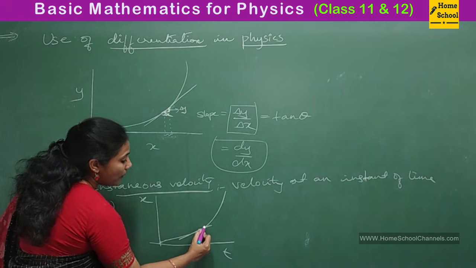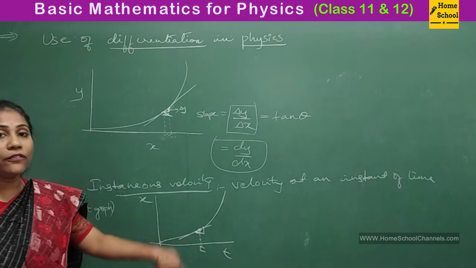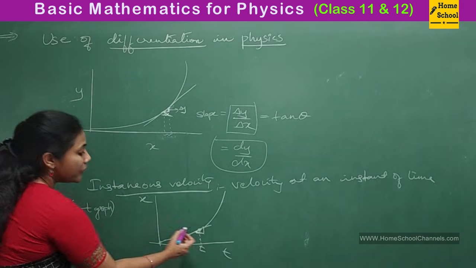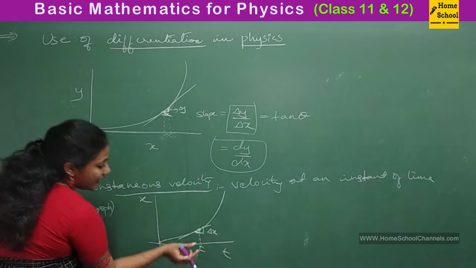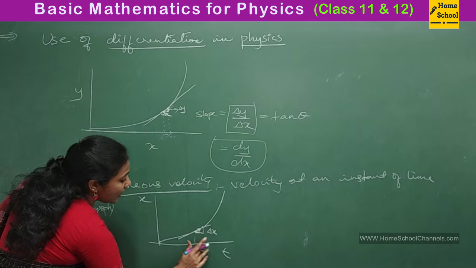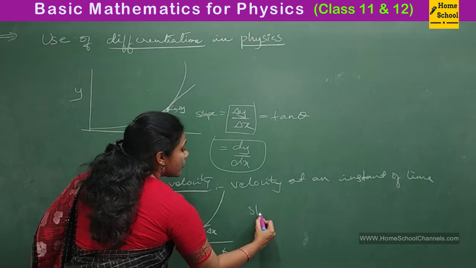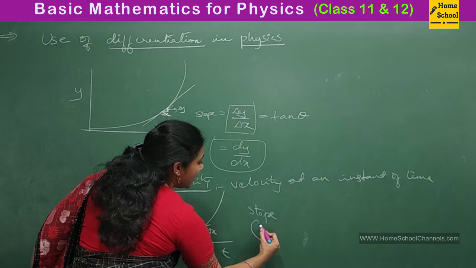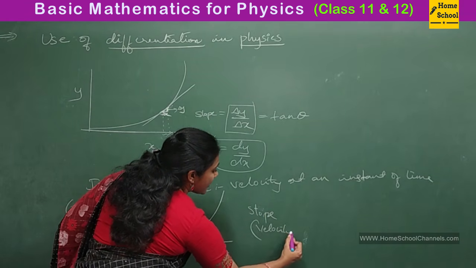And the slope of this tangent will give you instantaneous velocity. And you see here, it is a very, very small change in distance and a very small change in time, right? So here slope is nothing but your instantaneous velocity.